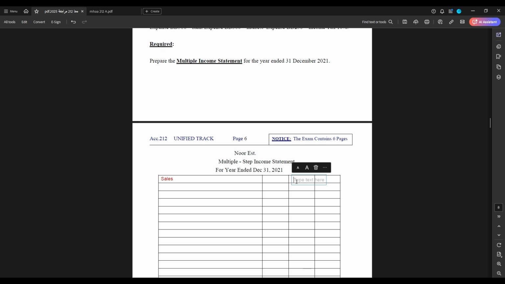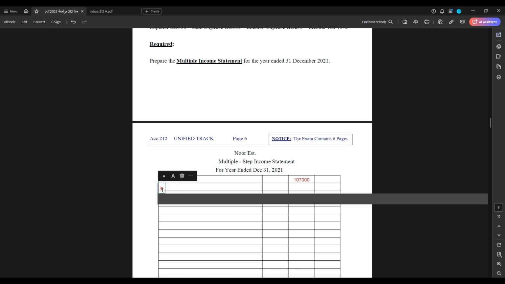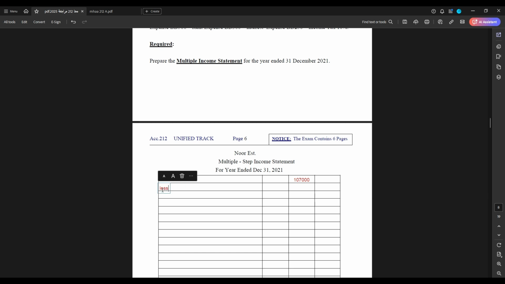We will use the columns for totals, starting from here. 107,000 sales less sales discount.